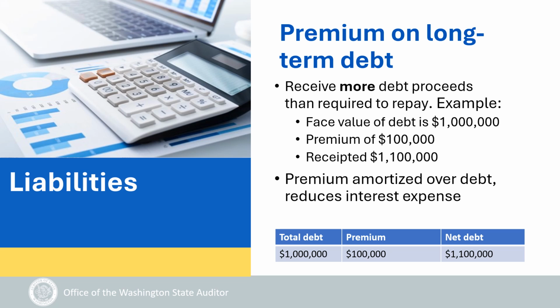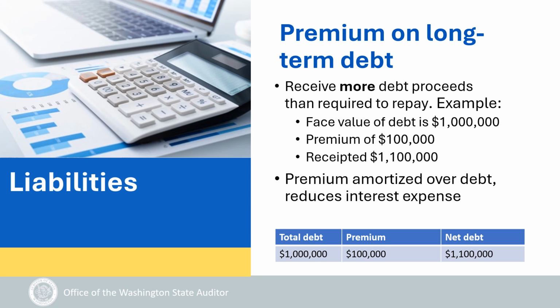Sometimes when a government issues bonds or loans, it's issued at a premium or a discount. A premium is when they receive more debt proceeds than they are required to repay. For example, a government might issue a bond for $1 million, but they actually received $1.1 million. The $100,000 is a premium.